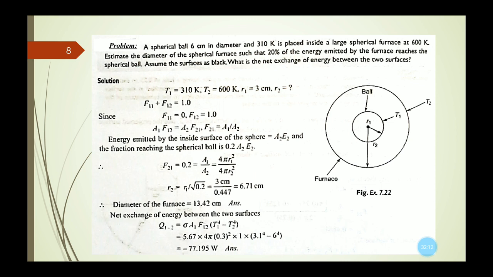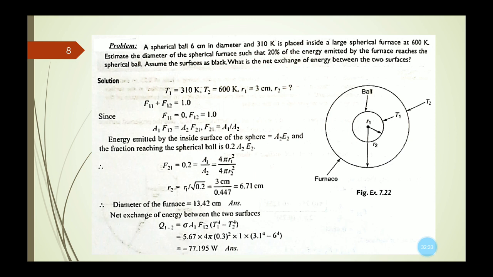Now for the second part of this numerical, you need to calculate the net exchange of energy between the two surfaces. The formula that we need to use is Q12 equals sigma A1 F12 into T1 to the power 4 minus T2 to the power 4. Here sigma is the Stefan-Boltzmann constant.